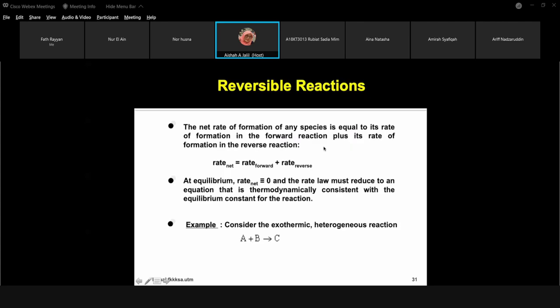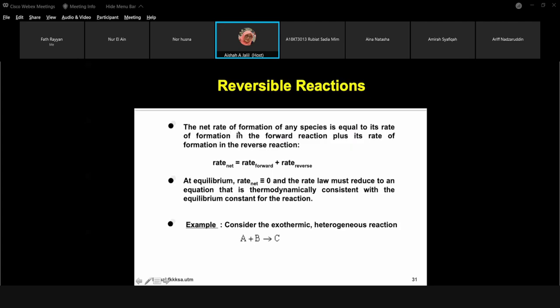okay, this is the theory of the reversible reaction. I believe that all of you can write the reversible reaction without reading this one. But if you want to know, this is the theoretical reversible reaction, how to write the rate law of the reversible reaction.